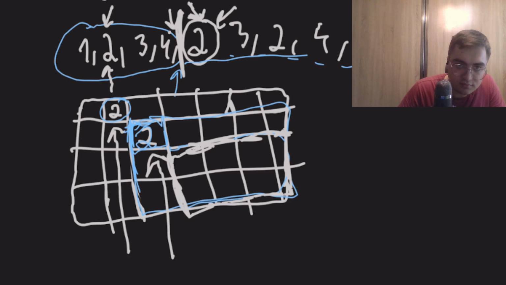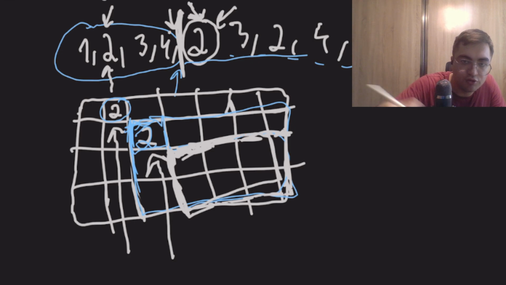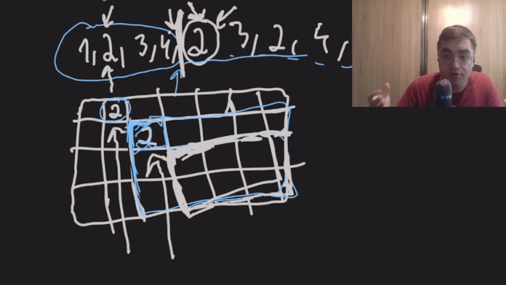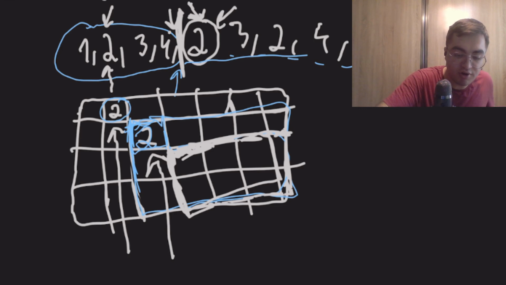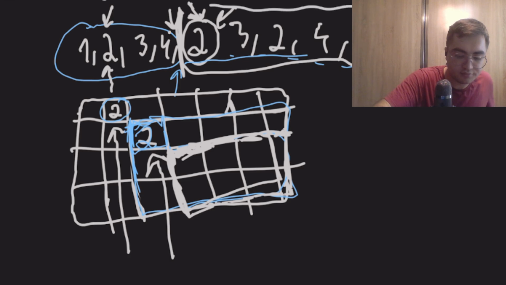And we also know that if the opponent was to choose the very last 2, we could have still beaten them by replying with something inside this subrectangle of the last 2. So we can just make our reply inside here, no matter which 2 our opponent chooses, and still win, and they won't be able to find the 2. So basically we've just proven that we can cut the array off from this part.